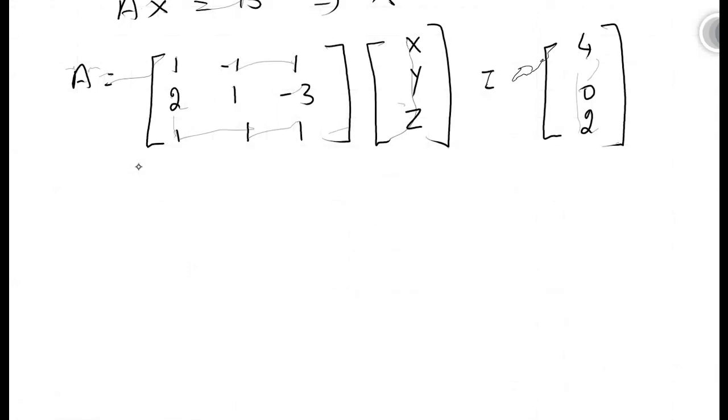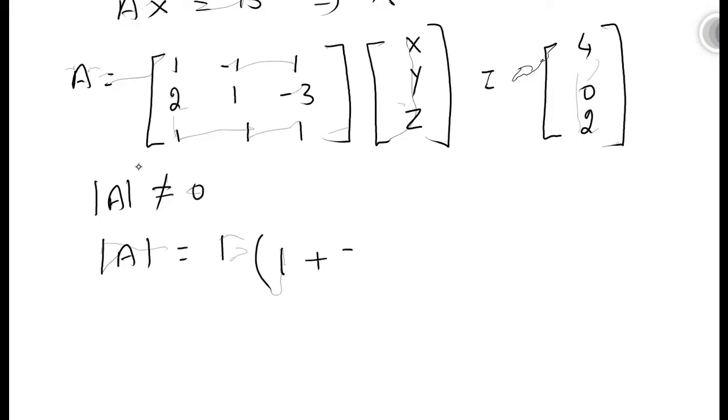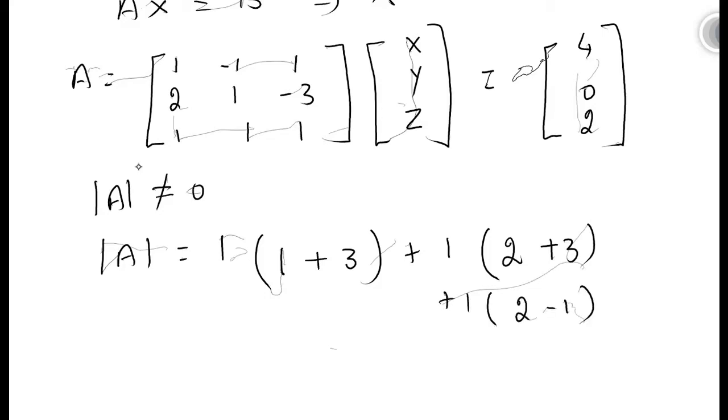For the matrix to have an inverse, the determinant of A should not be equal to 0. Now let us find the value of the determinant. That gives you 1 into (1 plus 3), plus 1 into (2 plus 3), plus 1 into (2 minus 1), or 4 plus 5 plus 1, which is equal to 10. So this is not equal to 0, therefore the inverse exists.